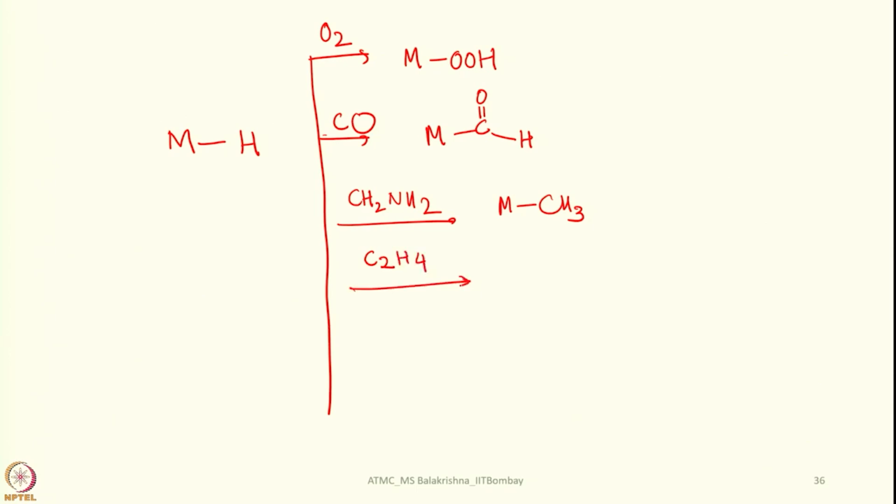If we take an olefin such as ethylene, then the insertion takes place here to form this type of compound. This is an addition reaction. Then if we take, say for example, a fluorinated ethylene, it is the same thing. So, here also one can get H. So, this entire fragment is inserted between the MH bond.